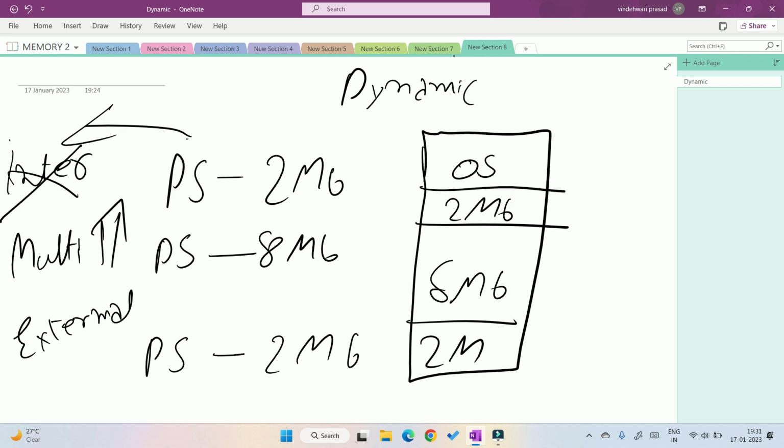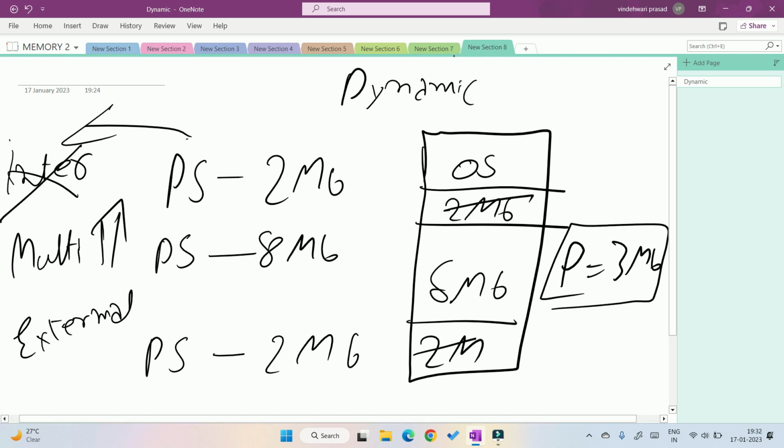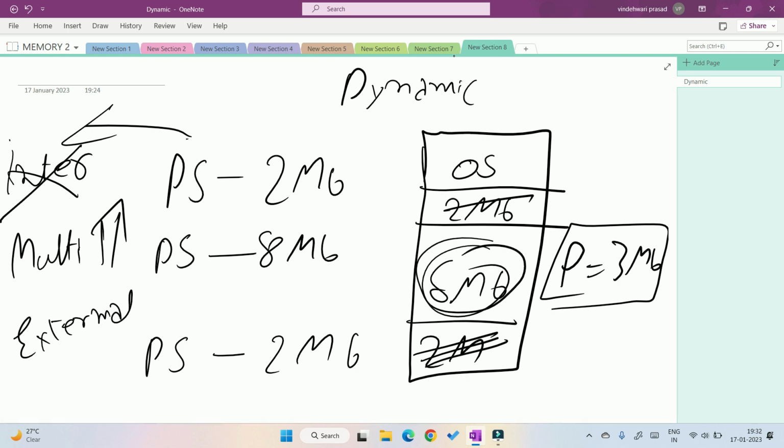Suppose another process comes which requires 3 MB of space. Now suppose all the space is full, so this process is not allotted. Now suppose this and this space become free, and the 8 MB space is still allotted and the process is continuously running. So is the 3 MB allotted here?